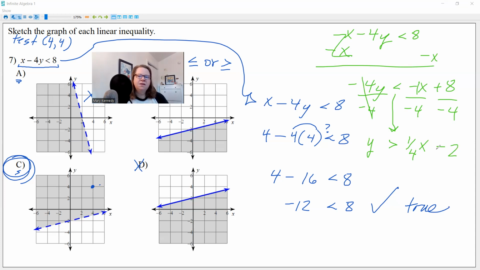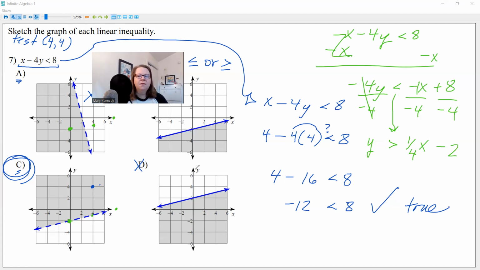So I would graph this down at negative 2. So I'd start here. I can see that A is not in the right place already. It's going to have a positive slope, up 1 and over 4. So up 1 over 4, up 1 over 4, right? Up 1 over 4 would be here and here.